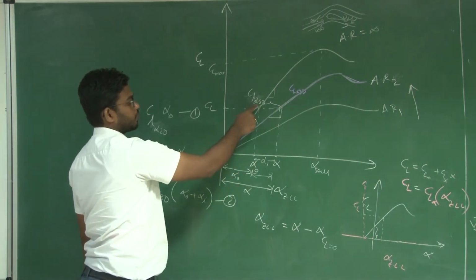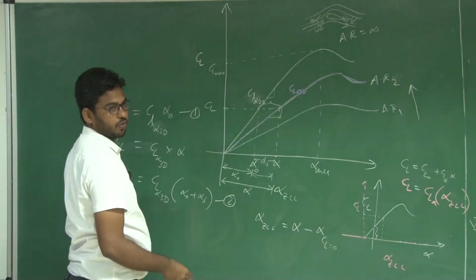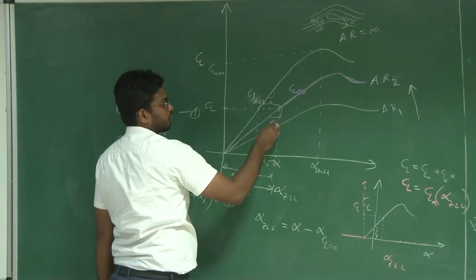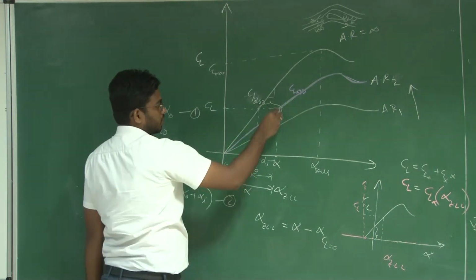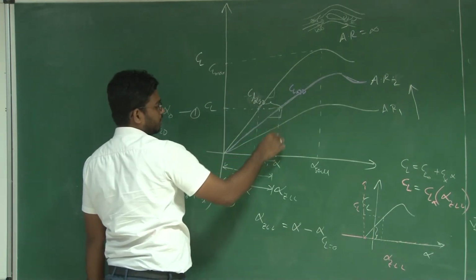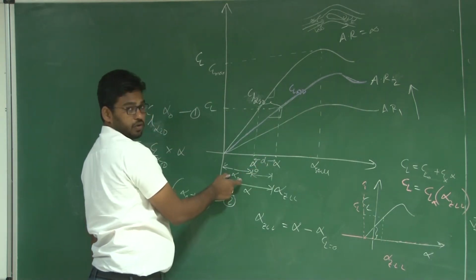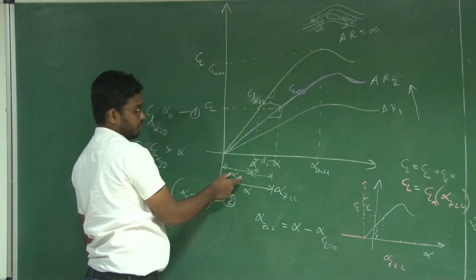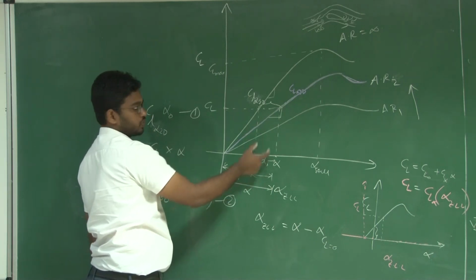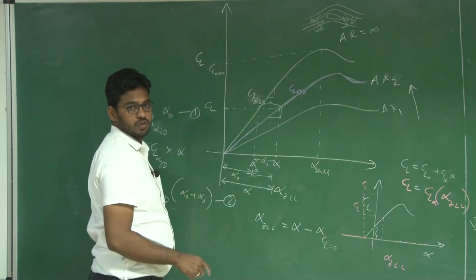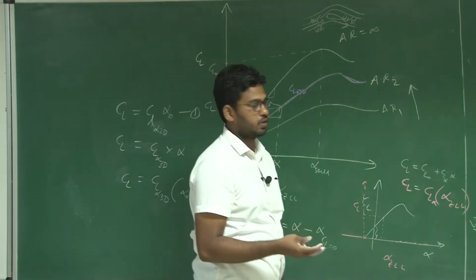CL alpha represents the 2D case, which is the aerofoil CL alpha. Now you have a wing with a finite aspect ratio, and the same CL is achieved at an angle of attack alpha, which is higher than alpha naught, in fact the summation of alpha naught plus alpha I. So this additional angle of attack is because of the induced angle of attack.